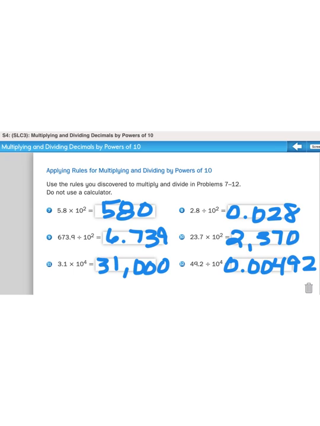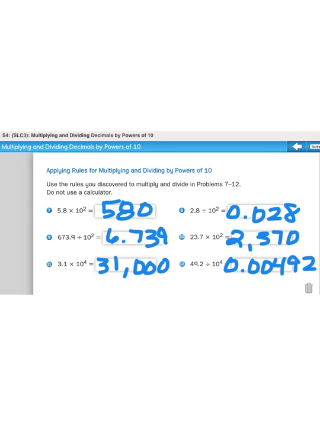We moved our decimal point 2 places to the left because it's division and our exponent is 2. 673.9 divided by 10 to the second is 6.739. We moved our decimal 2 places to the left because our exponent is 2 and it's division. Number 10, 23.7 times 10 to the second is 2,370. We moved our decimal point 2 places to the right because it's multiplication and our exponent is 2.